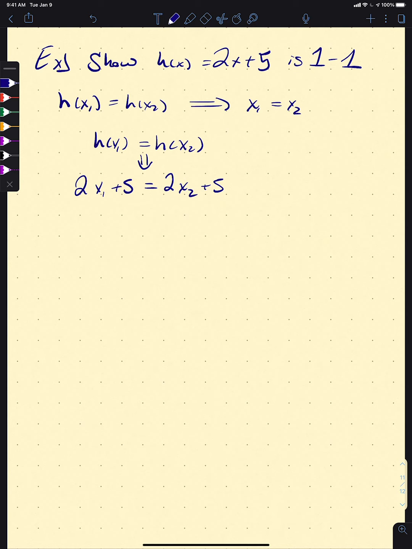So if these are equal, then I can subtract 5 from both sides to get an equivalent equation, and I get 2 times x1 is 2 times x2. Now if I divide both sides by 2, then I get that x1 equals x2. And indeed, the line 2x plus 5 is one-to-one.